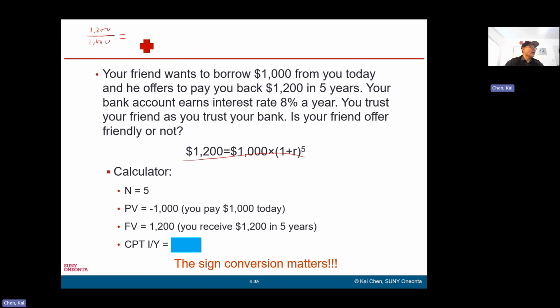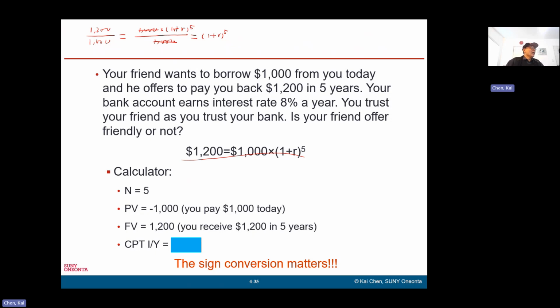And on the right hand side, in the numerator, that is 1,000 times (1 plus r) raised to the 5th power, divided by 1,000. So the 1,000 above will cancel the 1,000 beneath. They cancel each other. Then finally we have (1 plus r) raised to the 5th power, right?